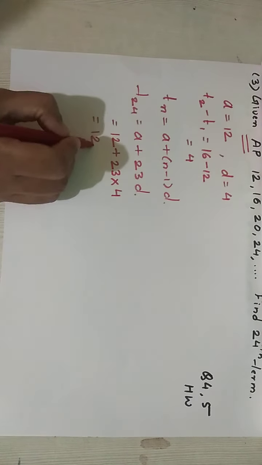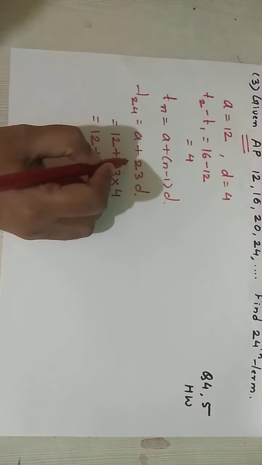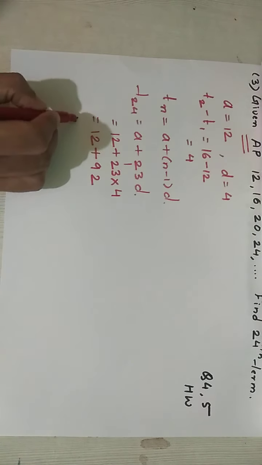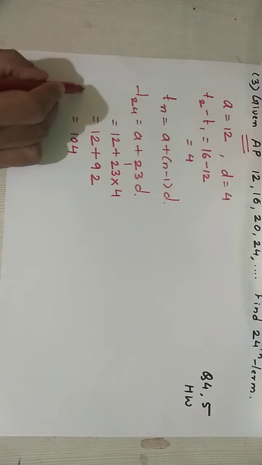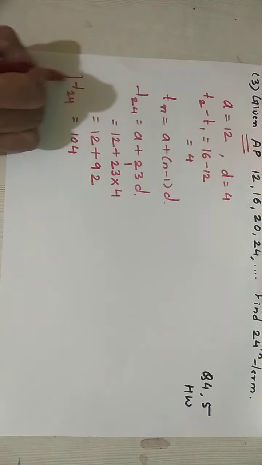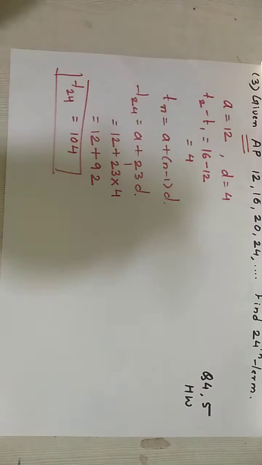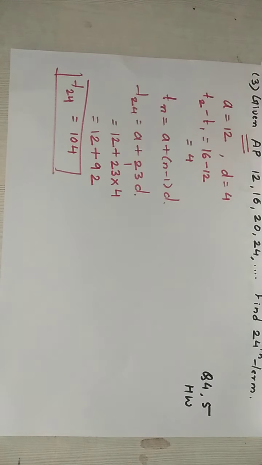So this will be 12 plus 23 4s are 4 3s are 12, 4 2s are 8, plus 1 9. 12 plus 92 will become 104. So what will be the 24th term? 104.